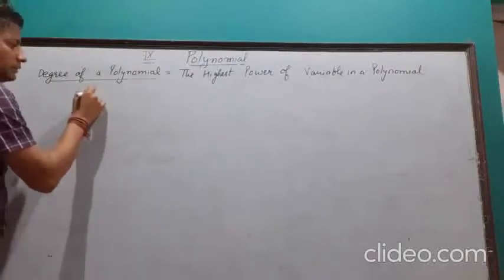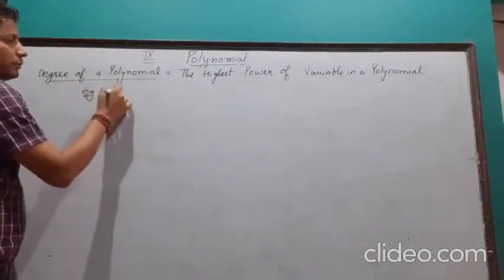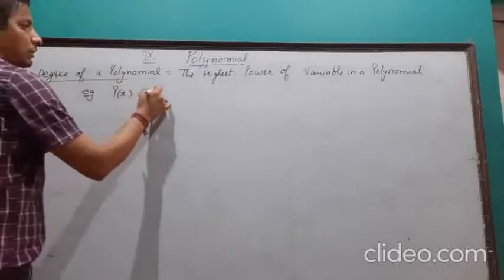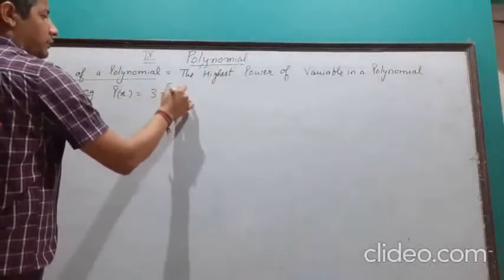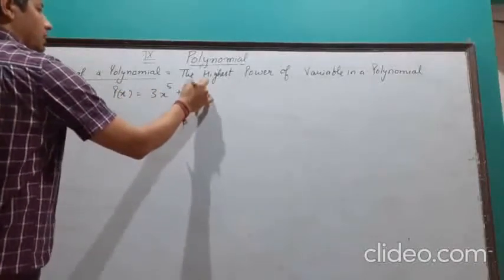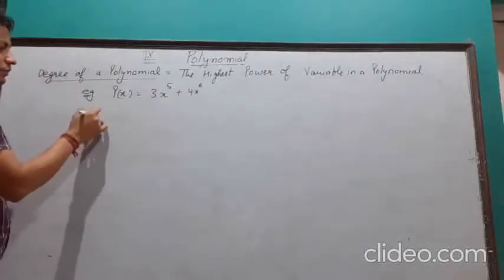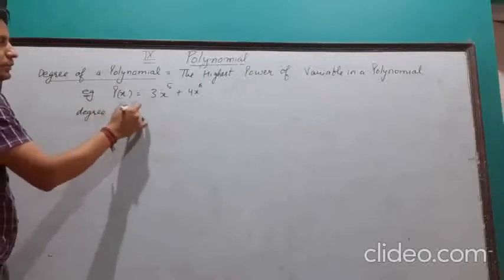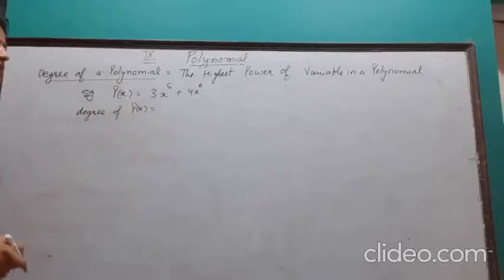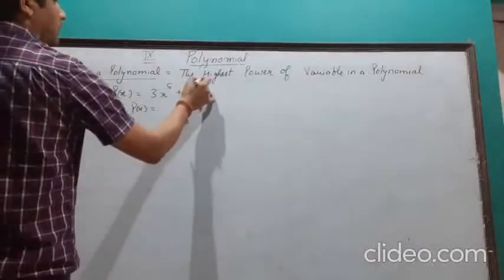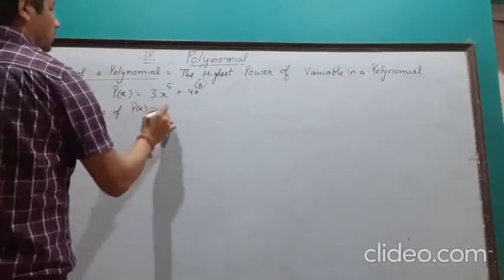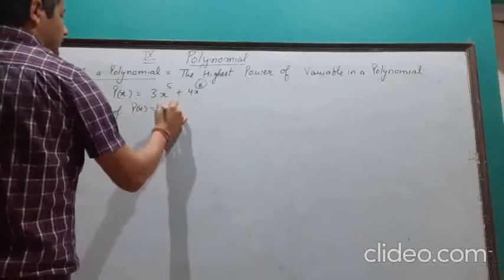For example, we have a polynomial P(x) is equal to 3x raised to power 5 plus 4x raised to power 6. What is the degree of this polynomial? If we observe, the highest power of variable is 6. So degree of this polynomial is 6.